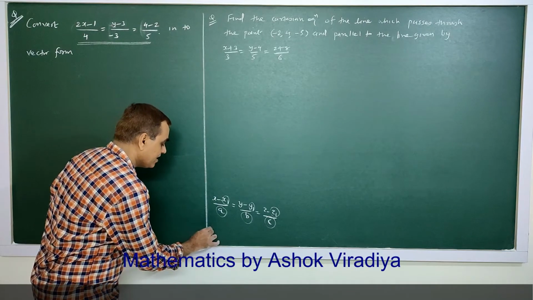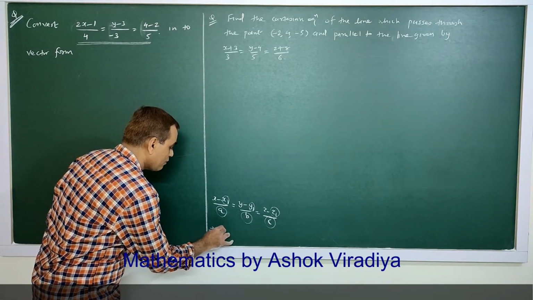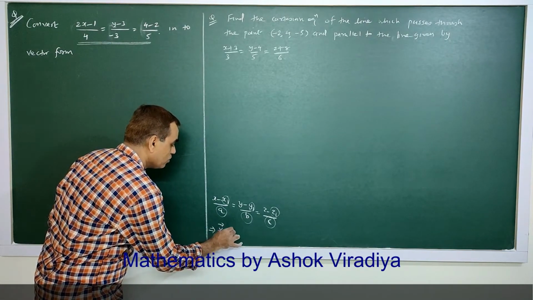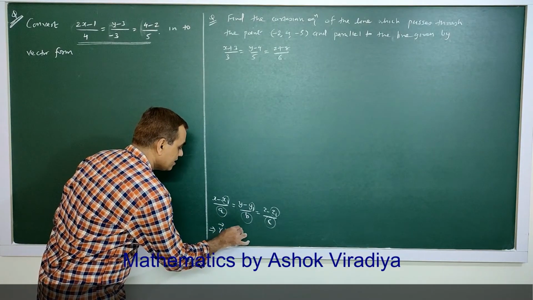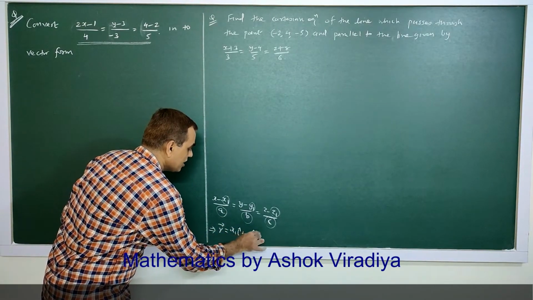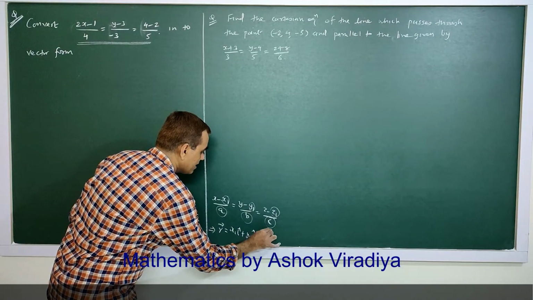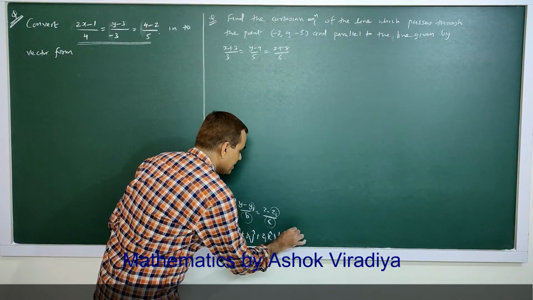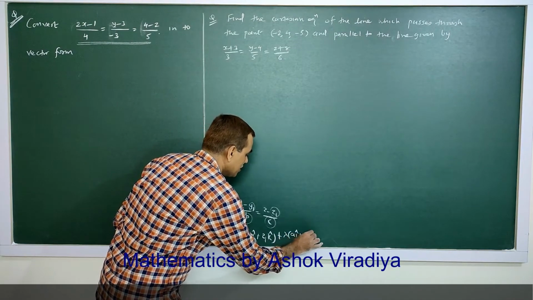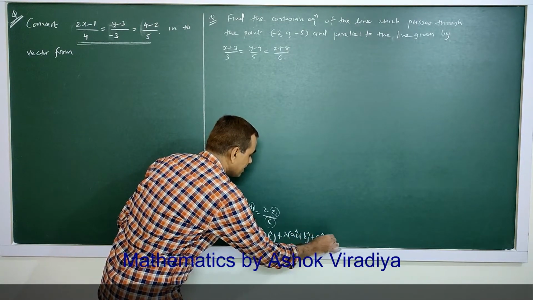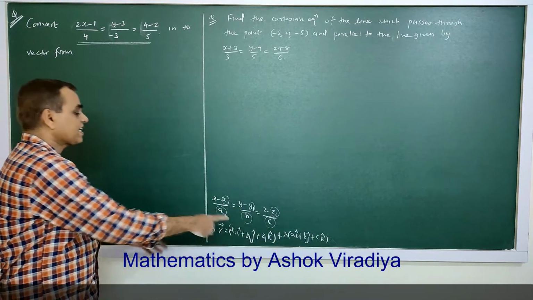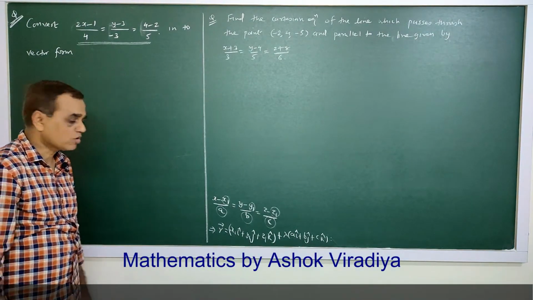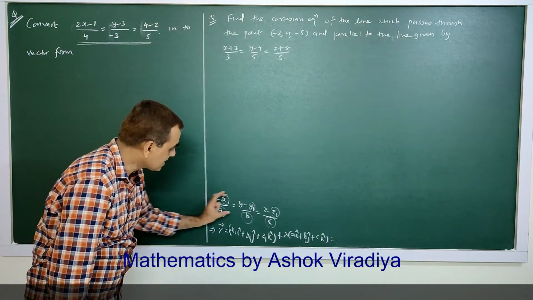Then if it is in this form, we can say vector r equals x1 i plus y1 j plus z1 k plus lambda times (a i plus b j plus c k). So then this will be the vector form. So to convert into vector form, we must have this form.